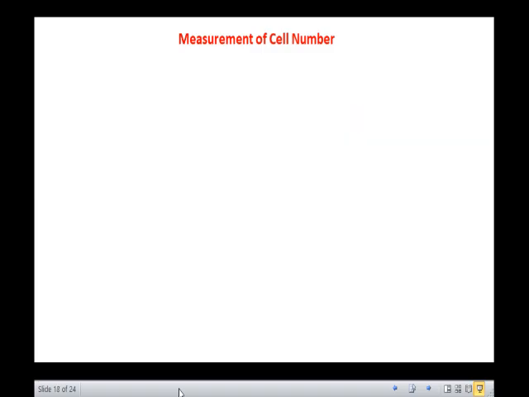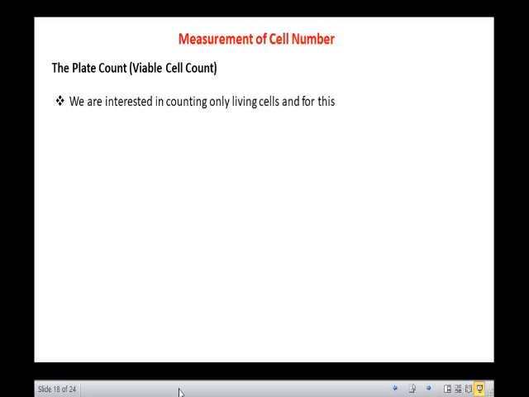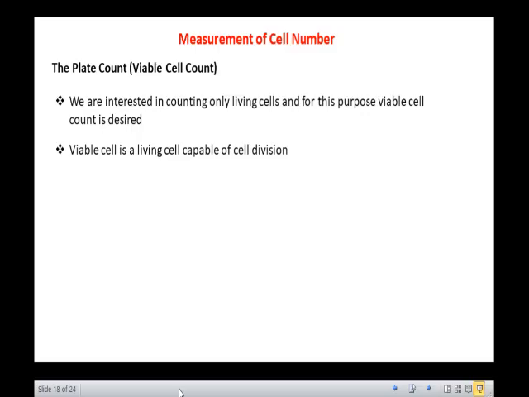The next method of measurement of cell number is the plate count, also called the viable cell count. Most of the times, we are interested in counting only living cells, and for this purpose, the viable cell count is desired. A viable cell is a living cell which is capable of cell division.